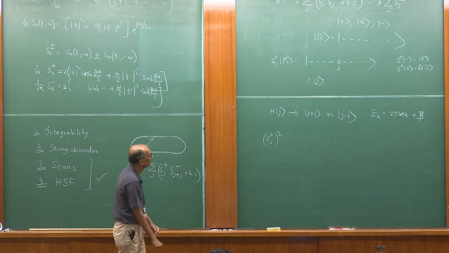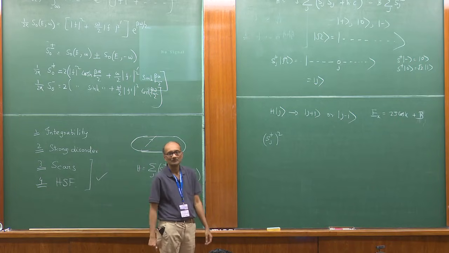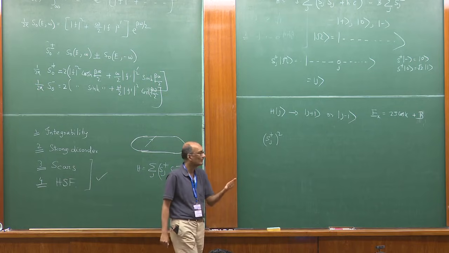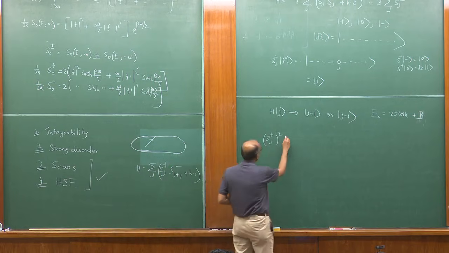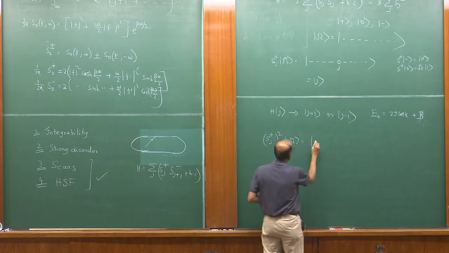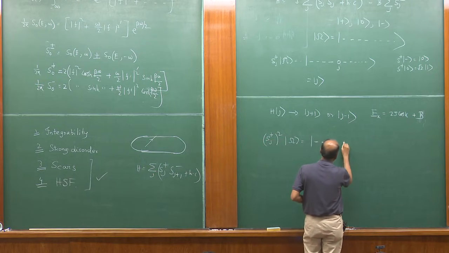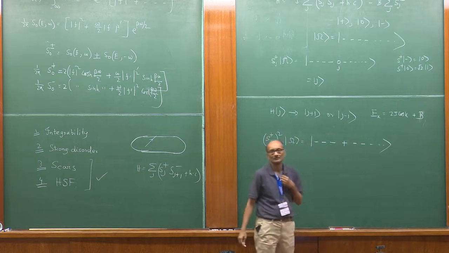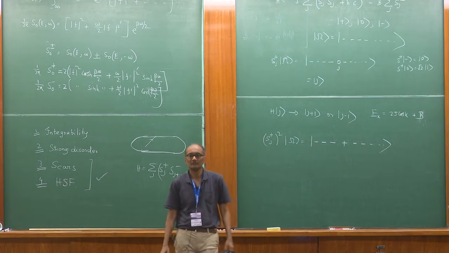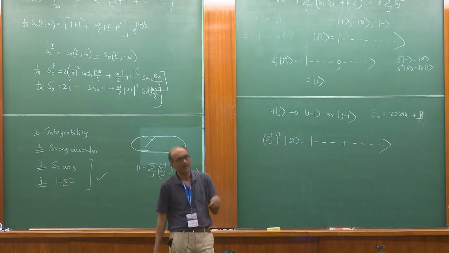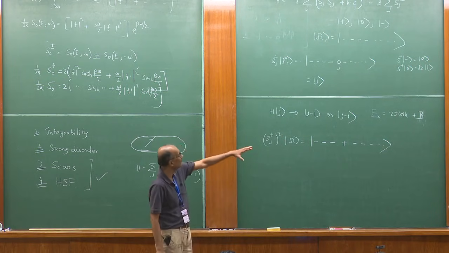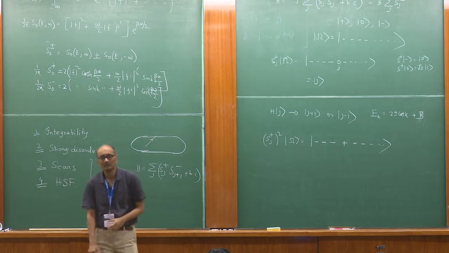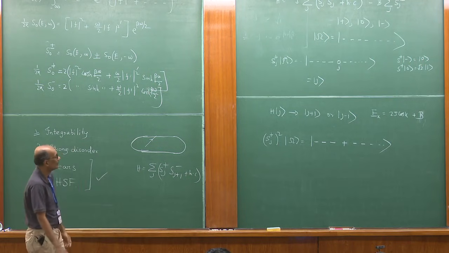This excitation acting on the ground state is going to give you minus, minus, minus, then a plus, and then minus, minus, minus. That's the thing. Like a second excitation. If you are just in the local limit, then this will give you a twice B energy gap.